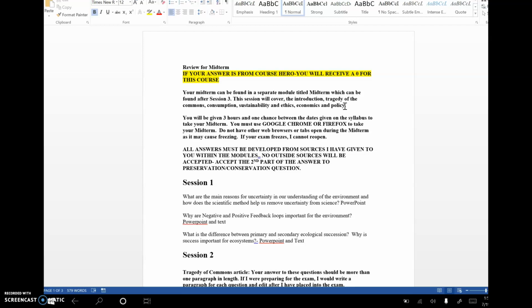You must use Google Chrome or Firefox. If you're using Edge or Explorer, we have a lot of problems with that. The other thing is, please make sure that your computer has rebooted itself and doesn't have a slow internet connection. I will not open an exam. So if you start taking an exam and accidentally hit the submit button, I am not opening exams. You have all the questions before the midterm exam.